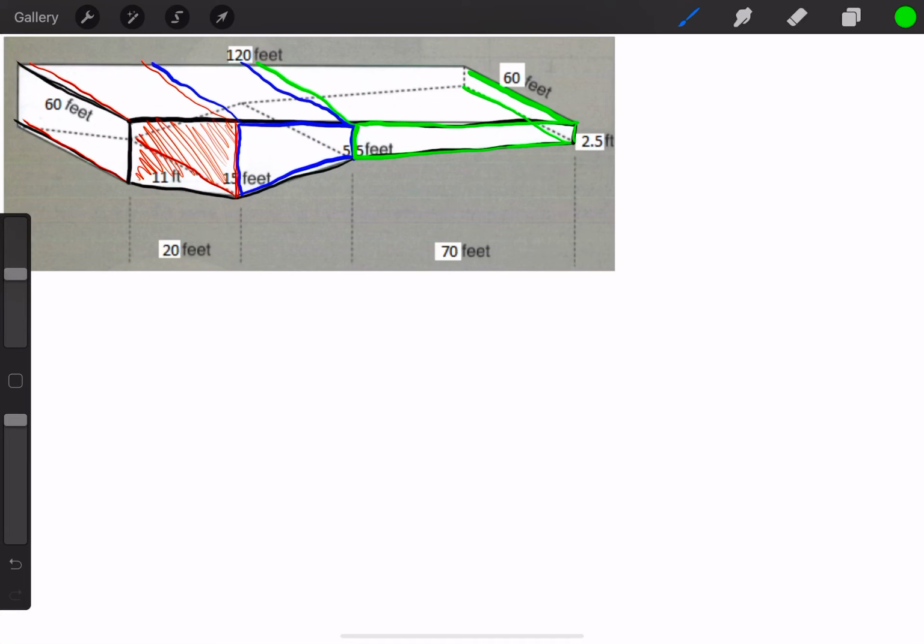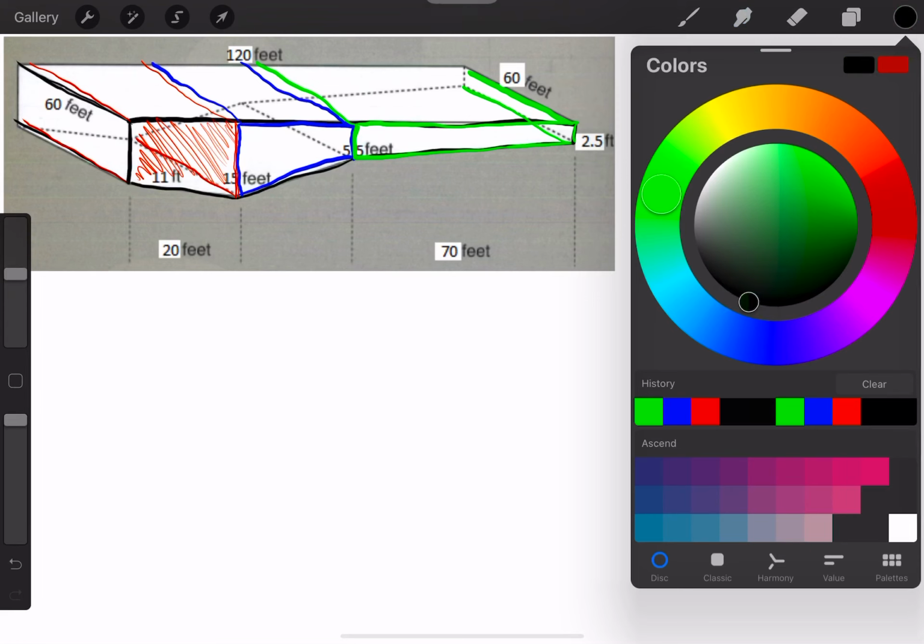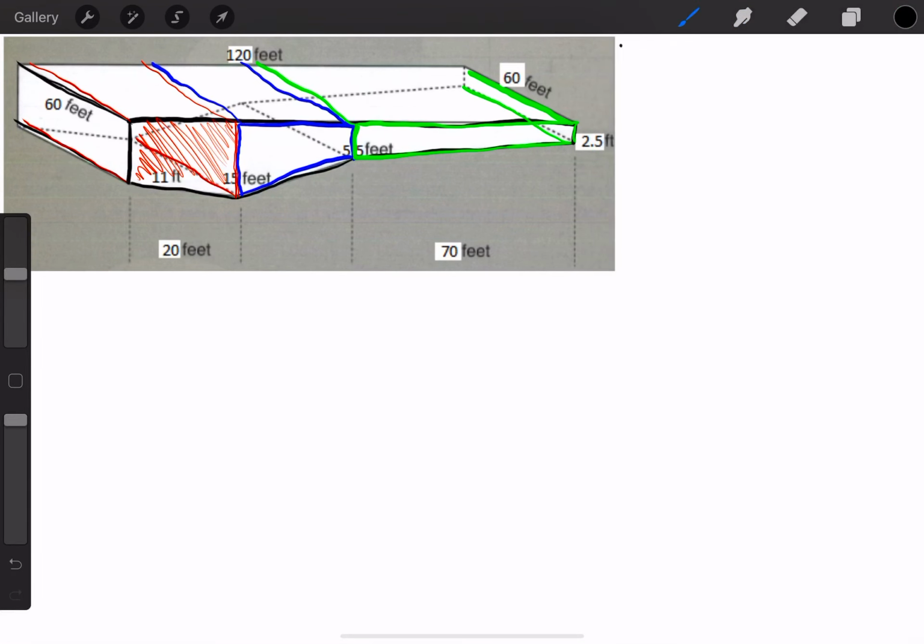So these front faces are trapezoids, which we can basically treat like rectangles with one simple trick. The area formula for a trapezoid is base 1 plus base 2 divided by 2, which is really just the average of the two bases.